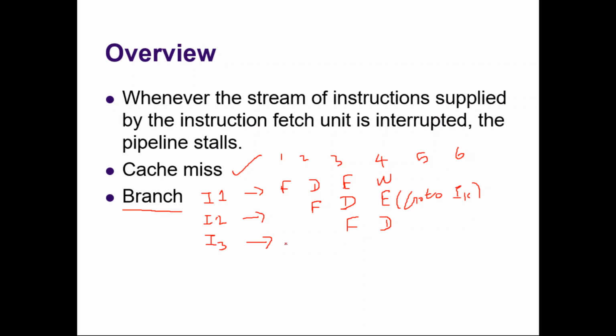After that, the processor has to stop instruction 3 from executing further, because this is not the flow. After instruction 2, normally instruction 3 should be executed. Now as instruction 2 is a branch instruction, the control should go to instruction K. So after the fourth clock cycle, instruction 3 will be stopped.